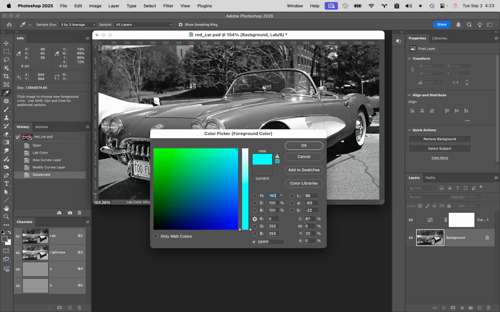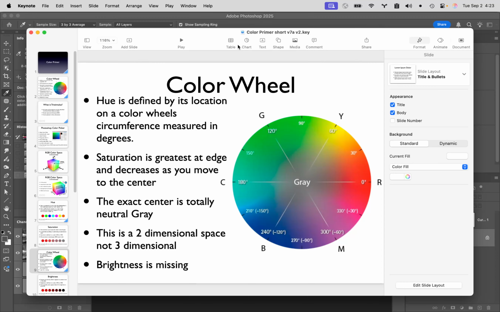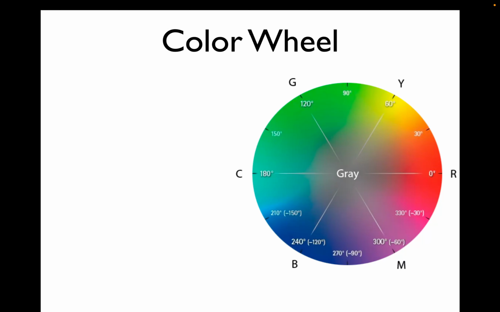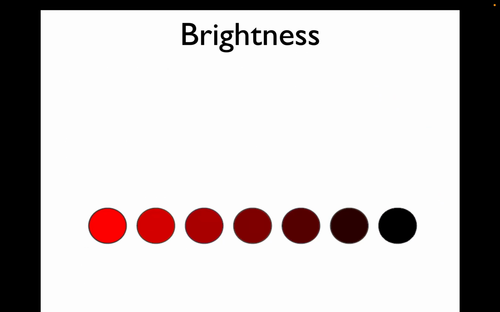If you change the hue to 180, which is the exact complement opposite of red, we end up with cyan. This is exactly the system that I just showed you guys, right? So this part matters, and you're going to see why in just a second, hopefully. The issue that we have with this is, again, this is two-dimensional. This is not a three-dimensional thing. We are missing brightness. First off, we need to talk about what brightness is.